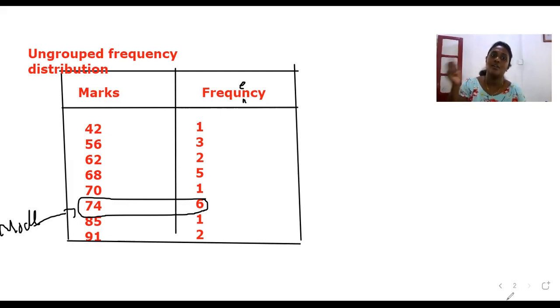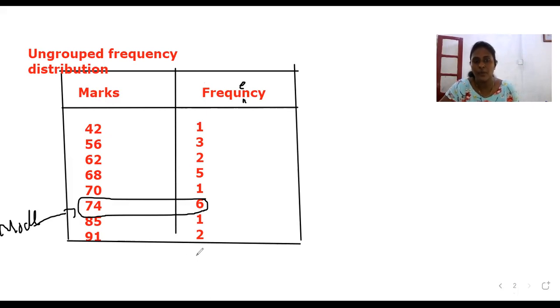The value related to the highest frequency is the mode. Now I'm going to teach you here itself how to find the median. And I'll tell you another thing.